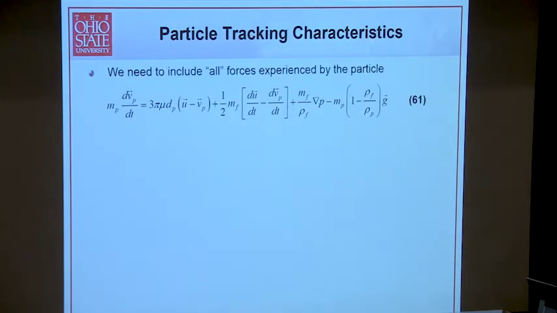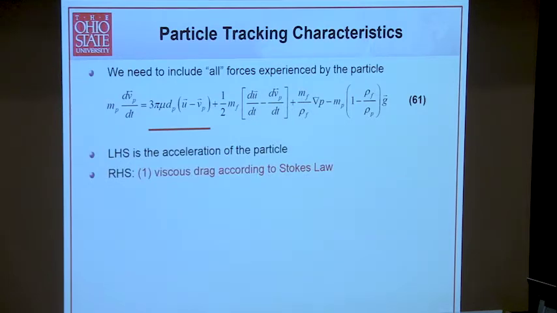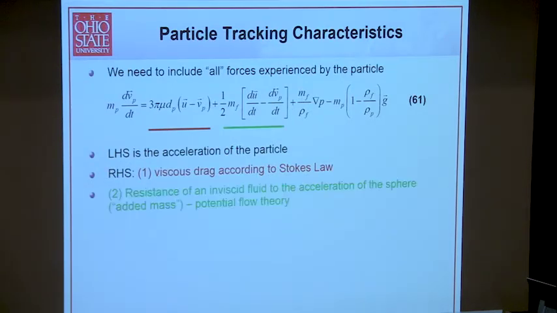Okay, so let's lump in all of our forces experienced by the particle. The left-hand side, we already know, is just mass times acceleration, and these are all our forces. We have viscous drag, according to Stokes' law. We have the resistance of an inviscid fluid to the acceleration of the sphere.